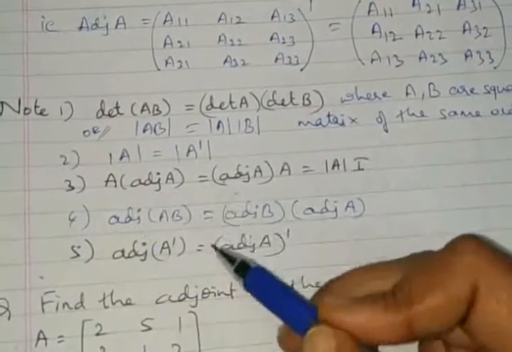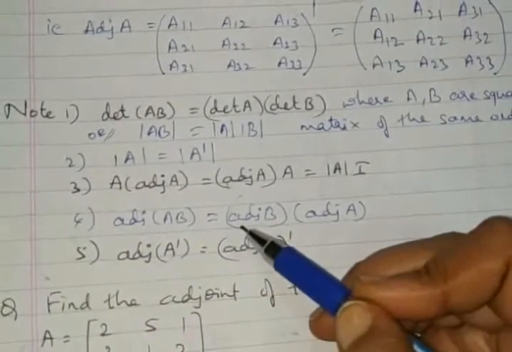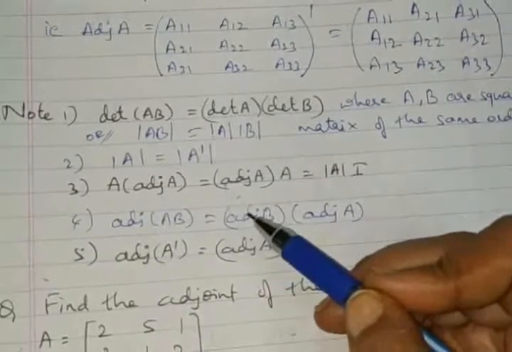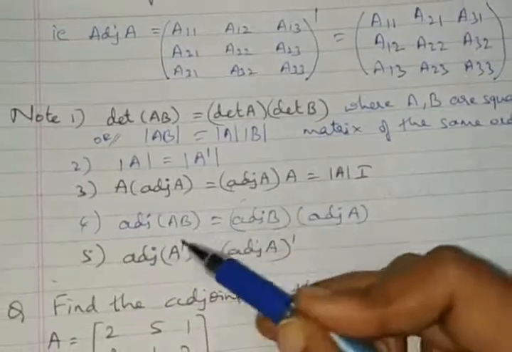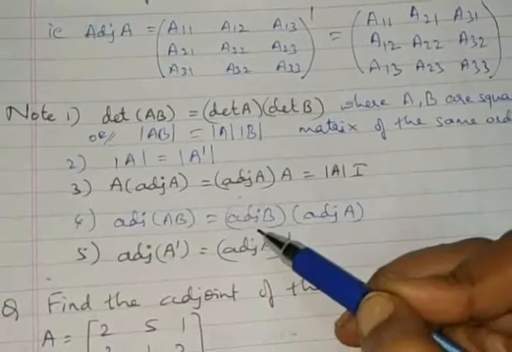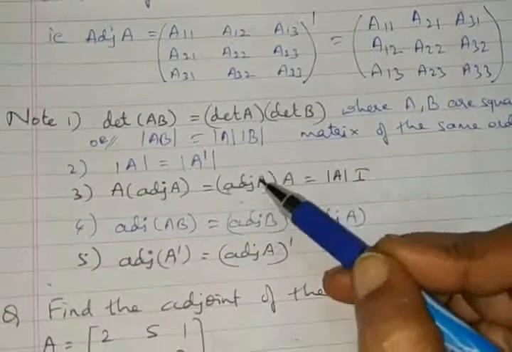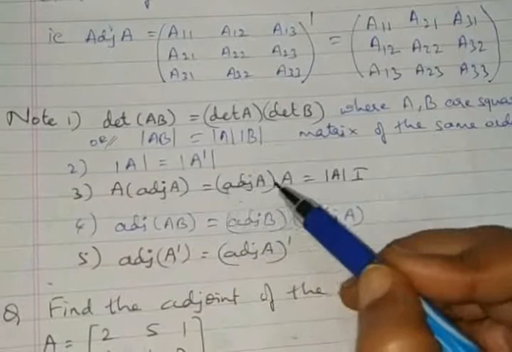So based on adjoint, a very important property to be remembered. We have three here, and definitely in numerical sums, even in the exercise, you can find it. If they say verify, they give the property itself. They'll ask you to verify this property as well as this property for a given matrix A. Under no circumstances try to disprove this property.